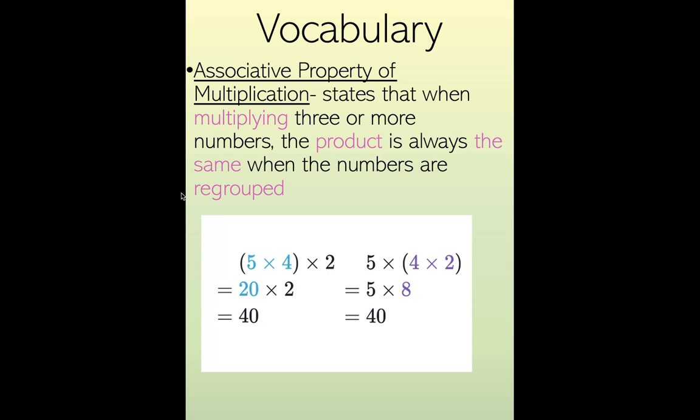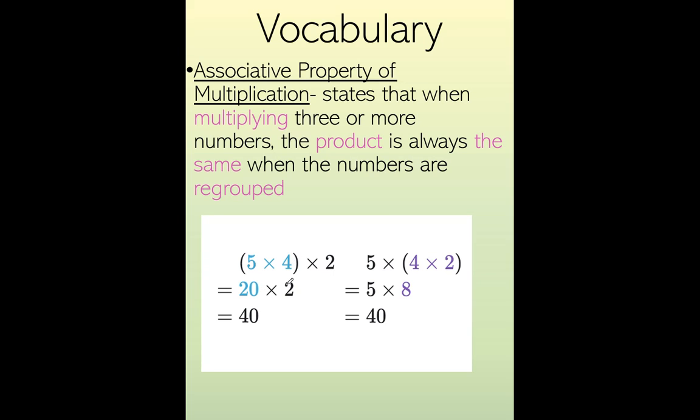With multiplication, we need to remember that the associative property of multiplication says that it doesn't matter the order of the numbers that you multiply, that it always comes out to the same product. So whether you multiply 5 times 4 first, or you multiply 4 times 2 first, it shows you 5 times 4 is 20.